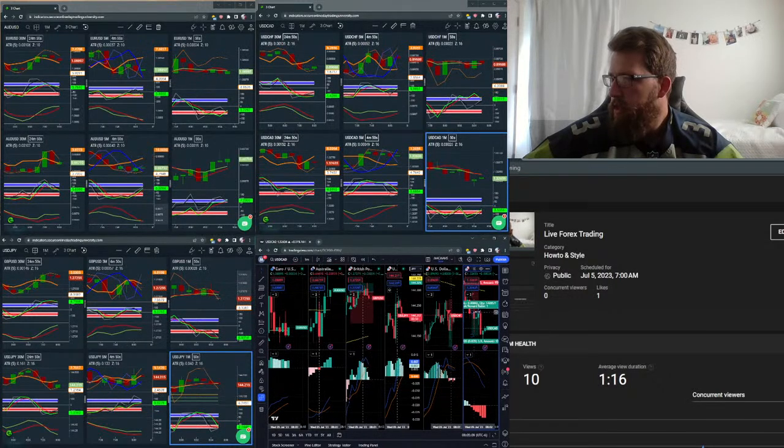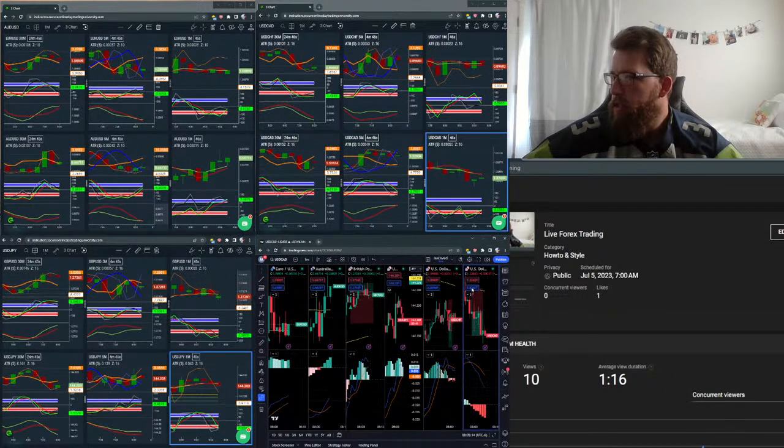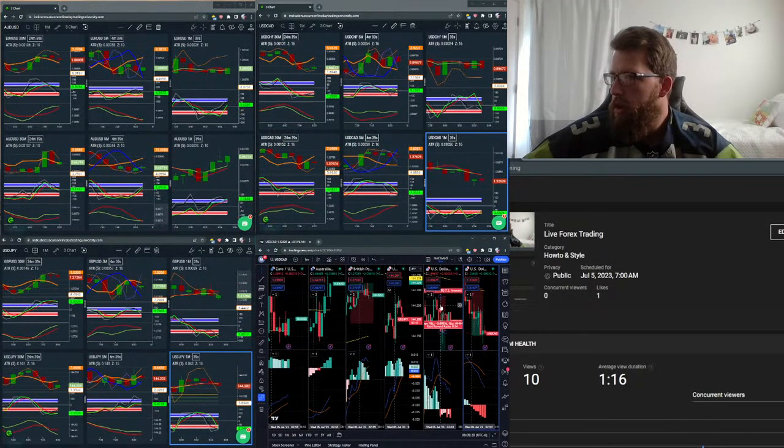And let's see. Look at that. That one would have won. Assuming that's where we put the stop, which I don't know.